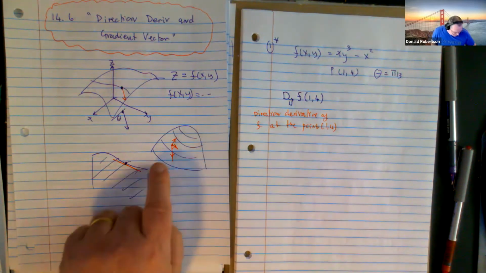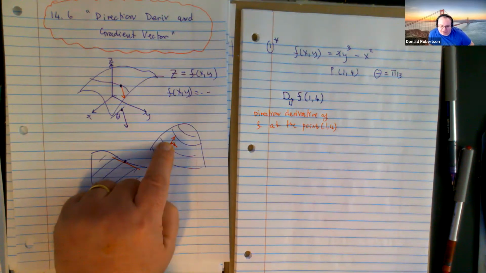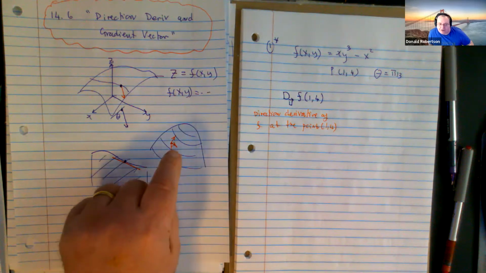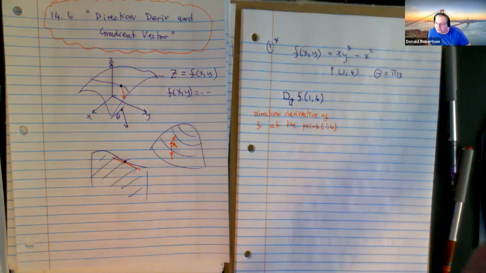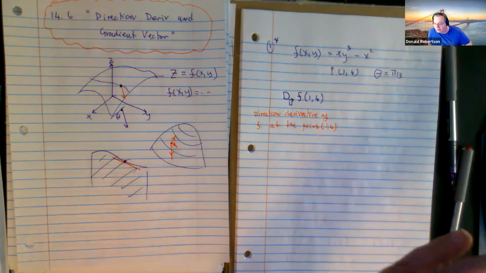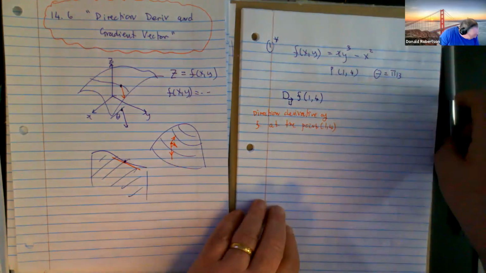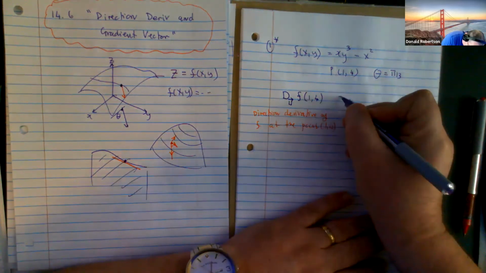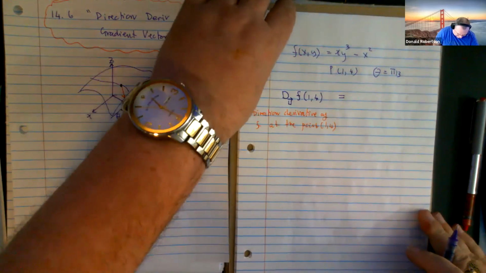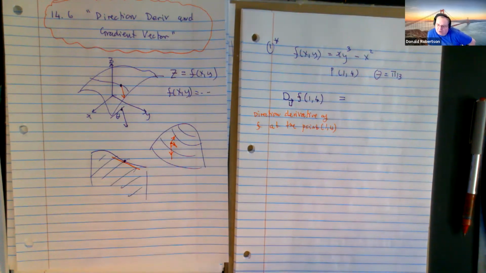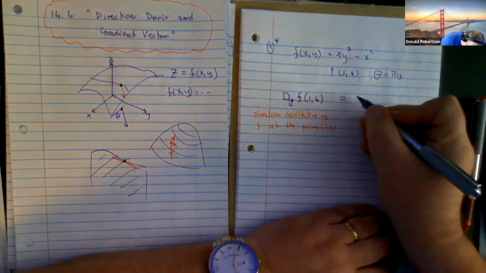Can you imagine that's where my finger is on the surface, and we're pointing at pi upon 3, which let's pretend is that one in the middle. We are going to find whether I'm going uphill, positive slope, whether I'm going downhill, or whether I just happen to be going around the center of the hill, whatever it might be at that given point. And there is a formula for it. And you might be surprised at what the formula is. Can you remember dot products? Well, guess what?